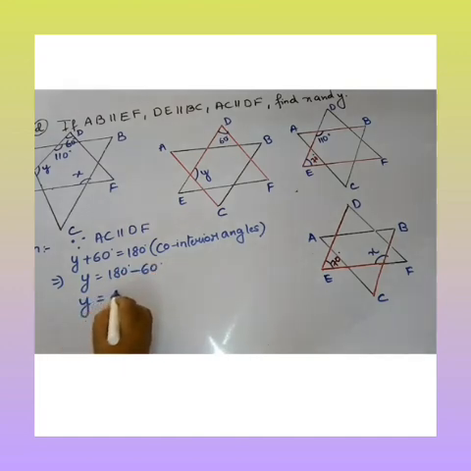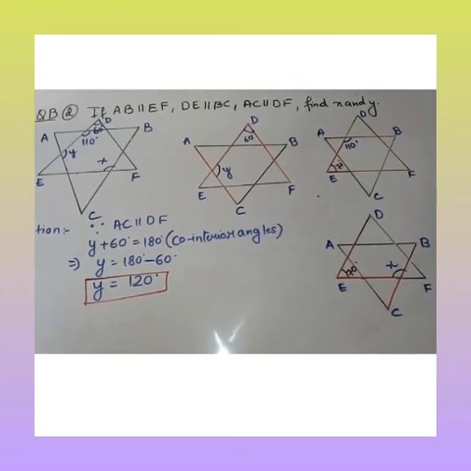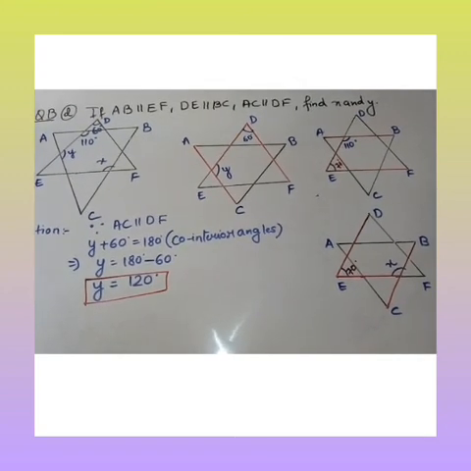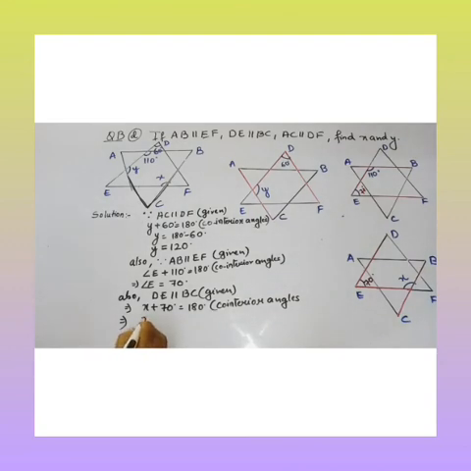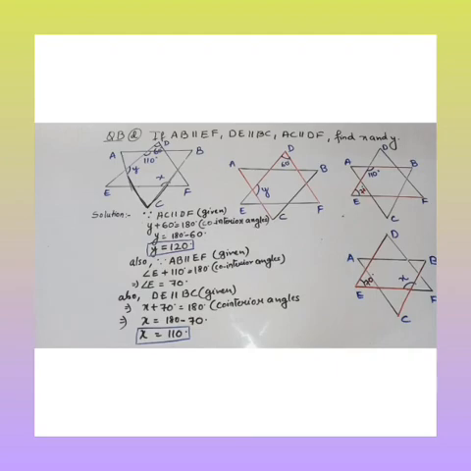That means y is equals to 120 degree. So that means we will get x is equals to 180 degree minus 70 degree. That is x is equals to 110 degree. So this will be our answer. Sorry, x is equals to 110 degree and y is equals to 120 degree.